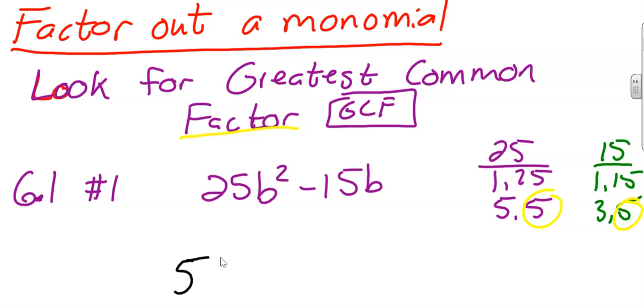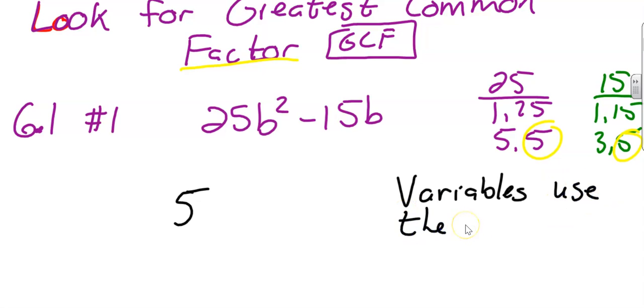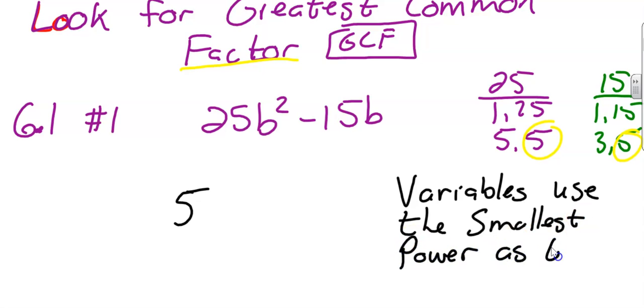And as far as exponents go with the variables, you're going to use the smallest power as a GCF. So for the numbers, you just look at how you can factor the number and break it up in different ways, everything you could possibly divide into it, and you find the biggest number.